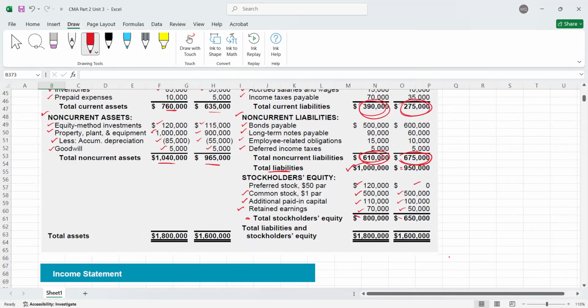If you add liabilities plus equity, this gives your total liabilities and stockholders' equity. And we know the asset side should equal liabilities plus equity.